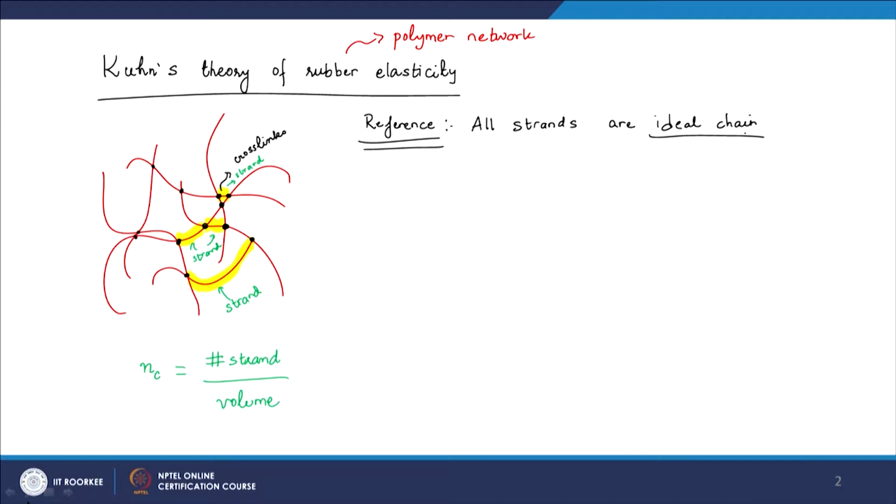And the advantage of doing that is obvious. We already know what the elastic energy of an ideal chain is.